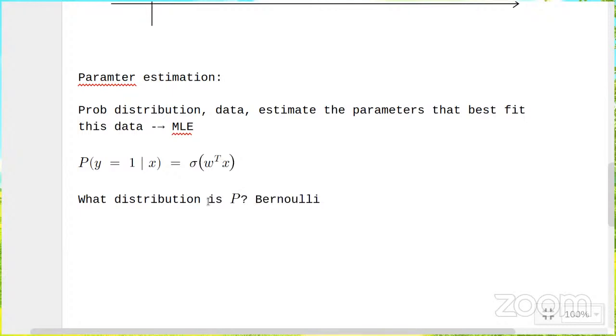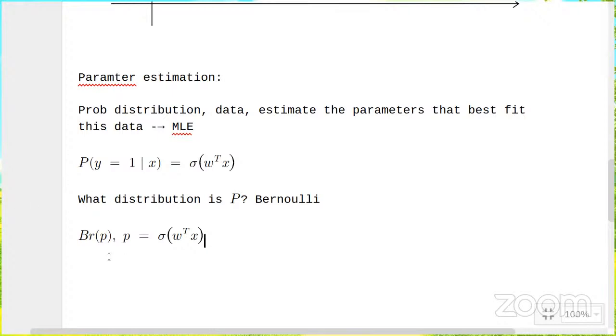So it is Bernoulli of P, where this P will be sigma of W transpose x. Is that clear to everyone? This is a Bernoulli distribution. Basically, y given x can take only two values, either 0 or 1, so it's a binary classification setup.